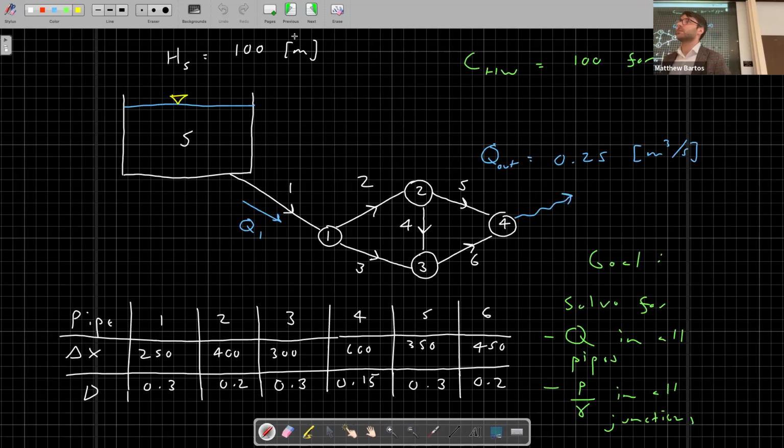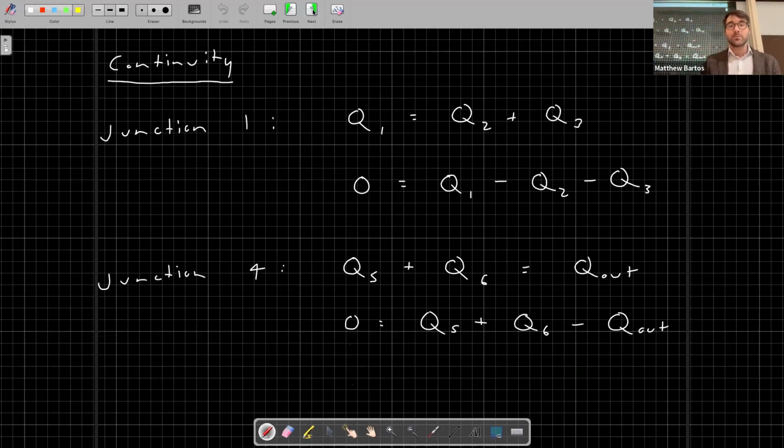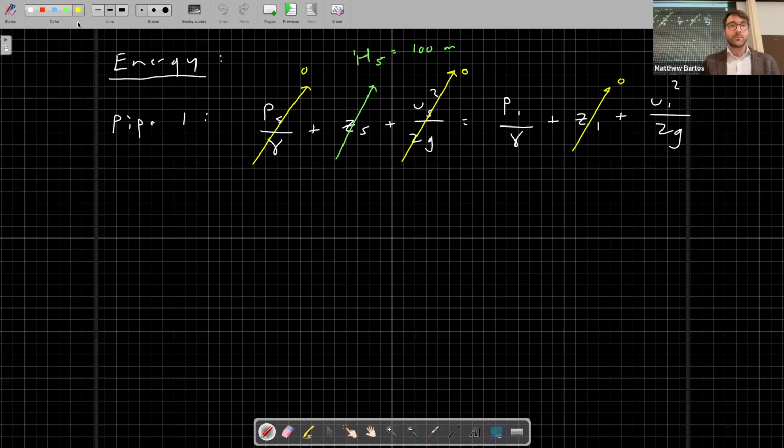Keep in mind that velocity is a vector quantity, and so at the junctions, the direction at which the velocity is applied isn't necessarily well defined. So what we're going to do is just assume that the velocity at junctions is zero. This is a pretty safe assumption, especially when you have some kind of mixing occurring at the junctions or flow going off in different directions. So we're going to assume that the velocity at the junction is equal to zero.